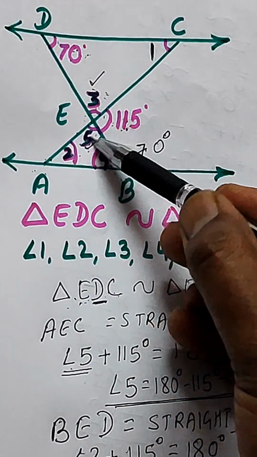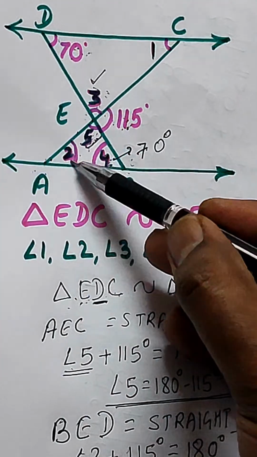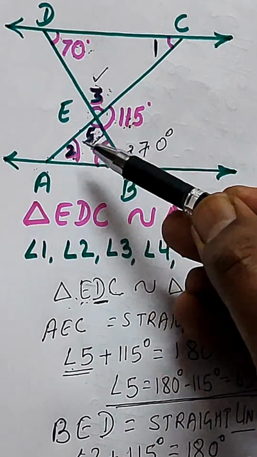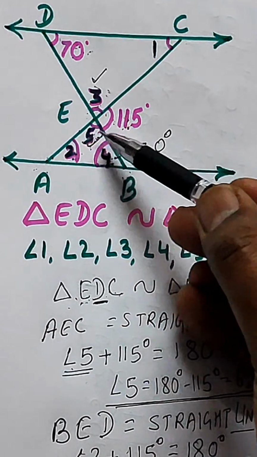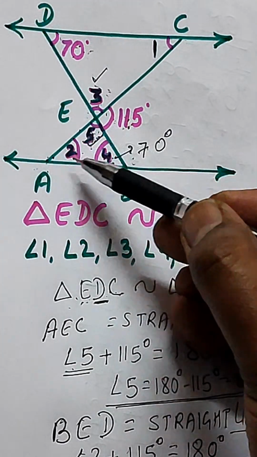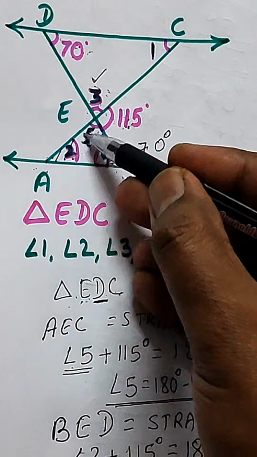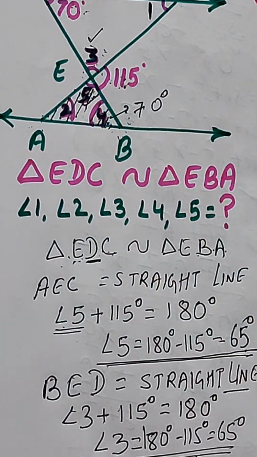If you know angle 5 and angle 4, then can't we calculate angle 2? Angle 2 is calculated by subtracting the values of 5 and 4 from 180 degrees, because the sum of all three angles inside this triangle is 180.